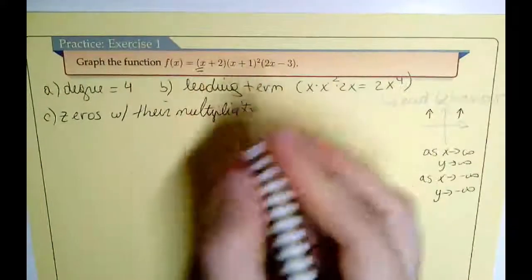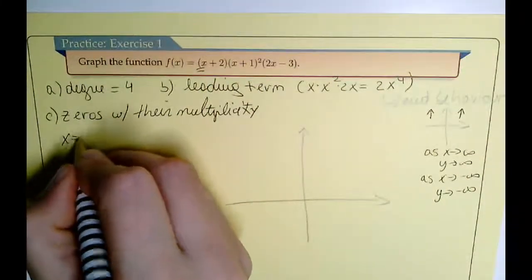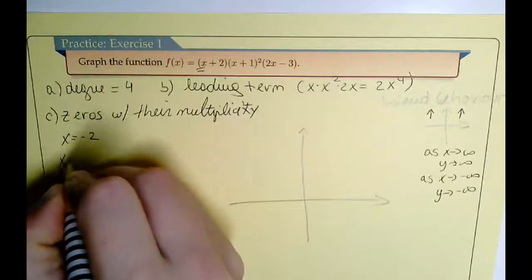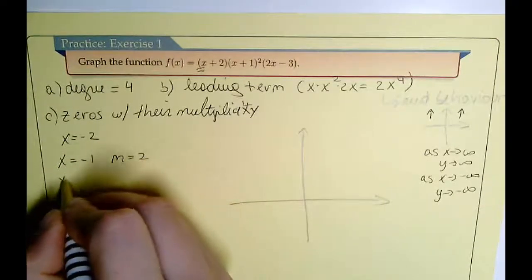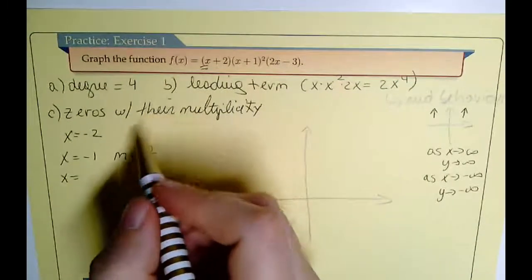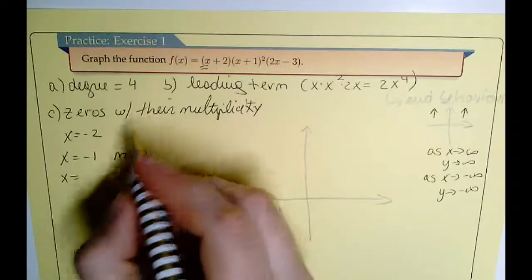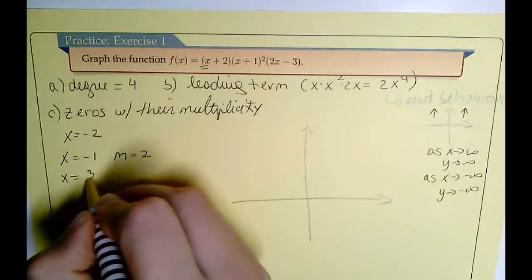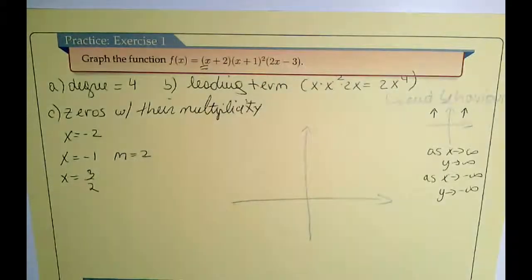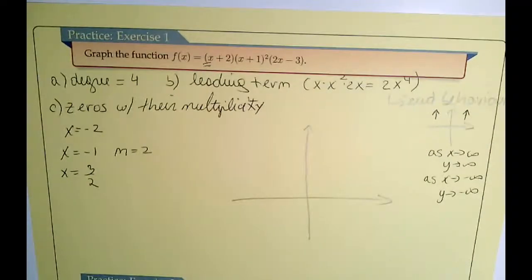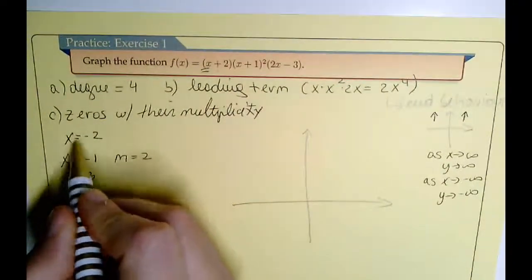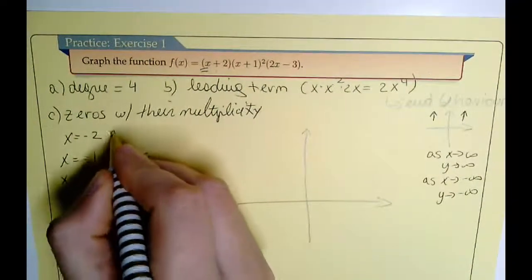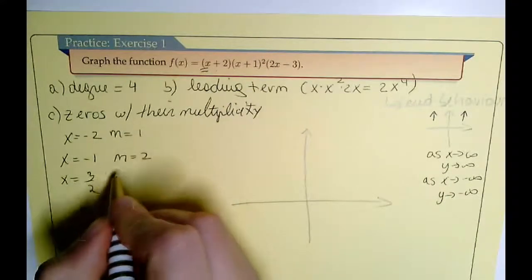So the first zero is x equals negative 2, x equals negative 1 with multiplicity 2, and then from the last one, x equals 3/2. Okay, so this one is multiplicity 1, so it's straight up going to cross.